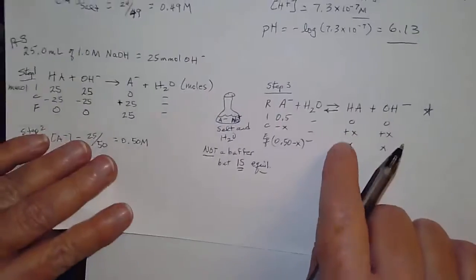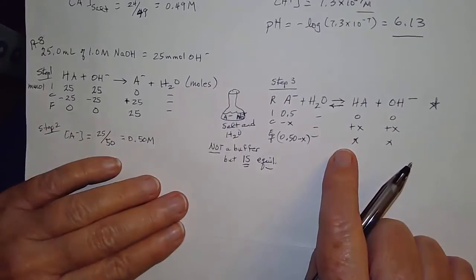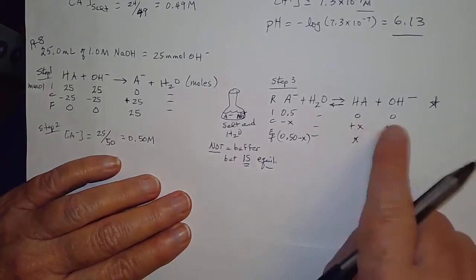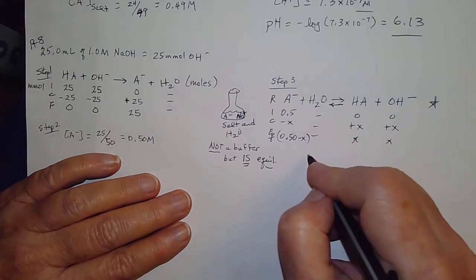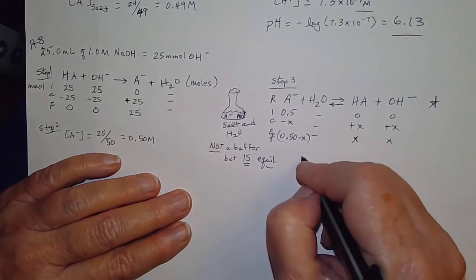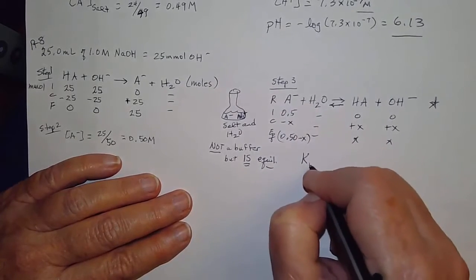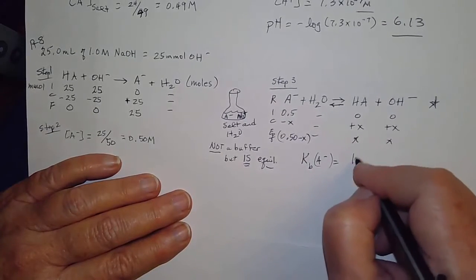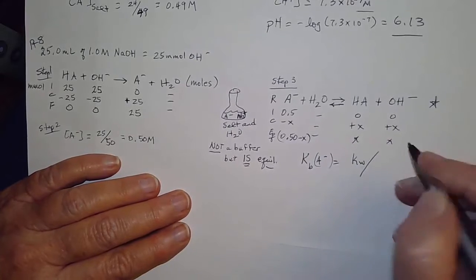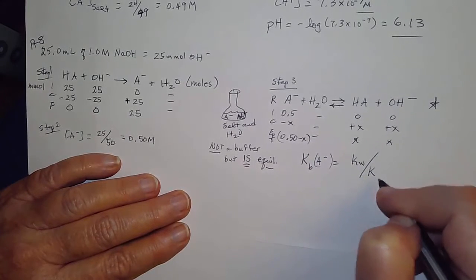So this is a little bit different, okay? This is not a common ion anymore. Now, you need K for A minus. Kb for A minus is equal to Kw, this is what you learned yesterday, over Ka.